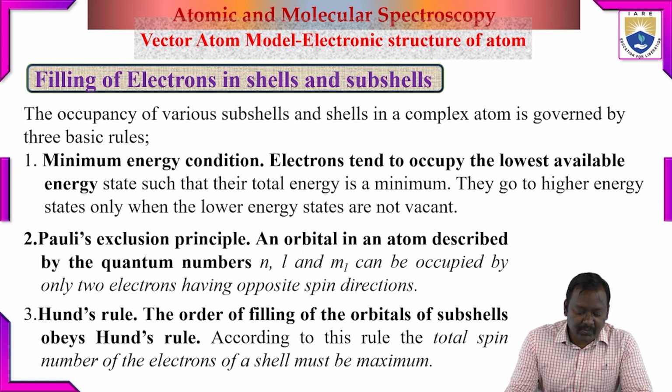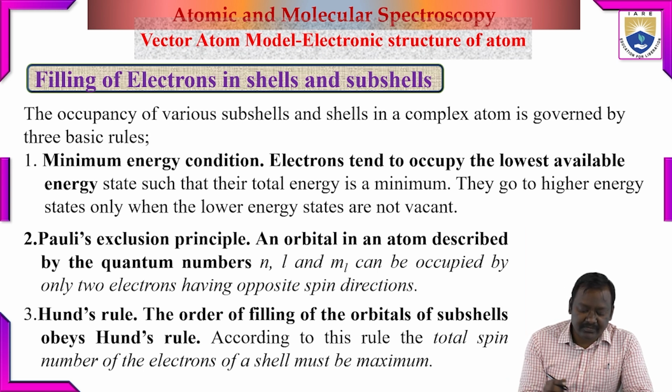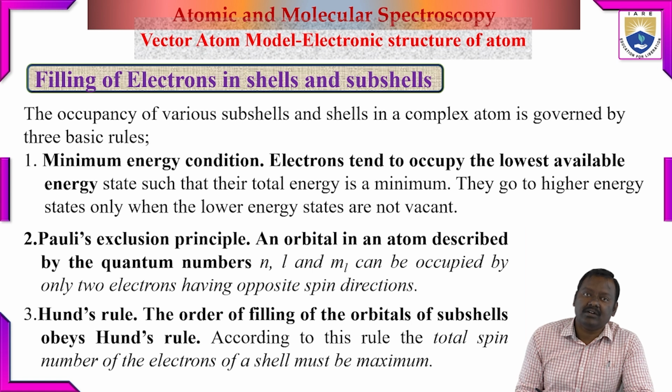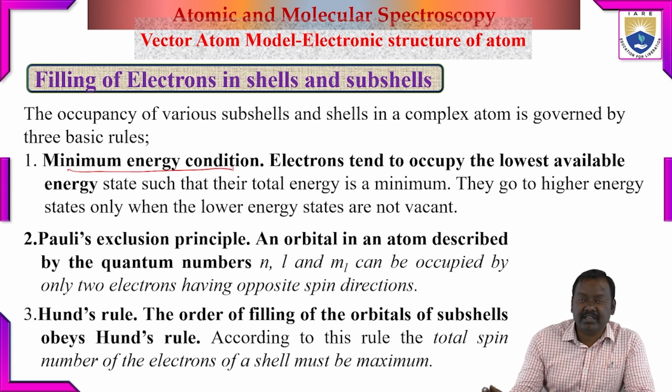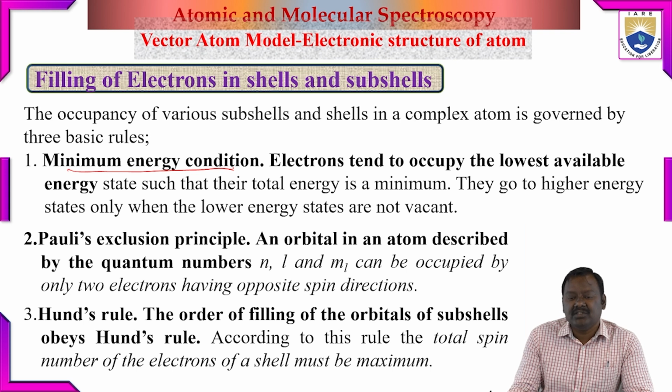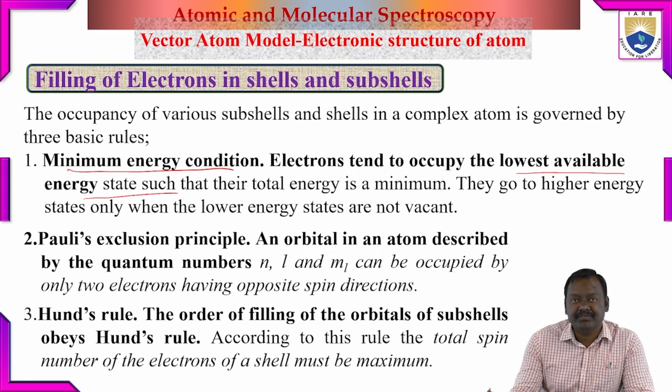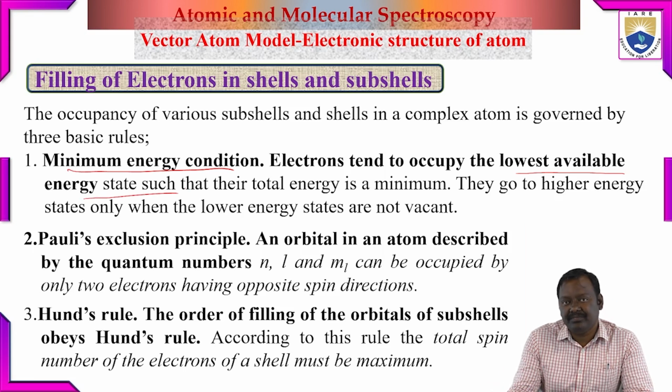The basic rules followed by vector atom model are here. First one is minimum energy condition. Electrons tend to occupy the lowest available energy state such that their total energy is minimum.